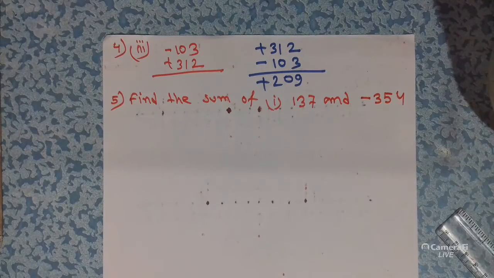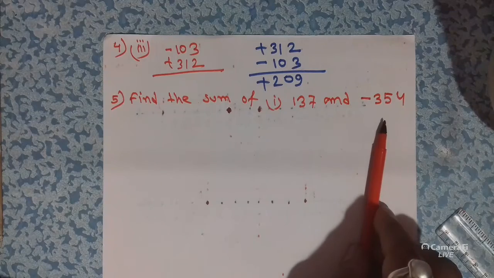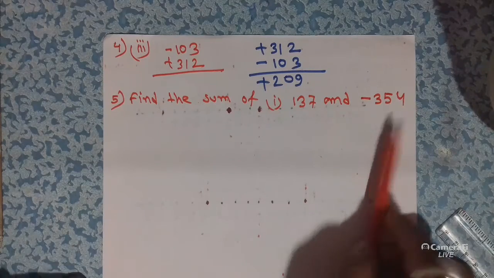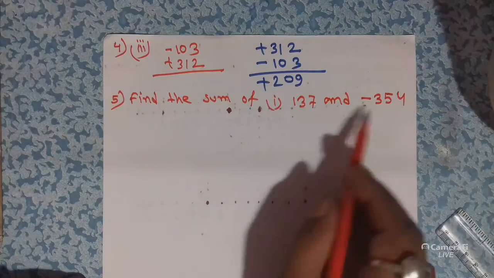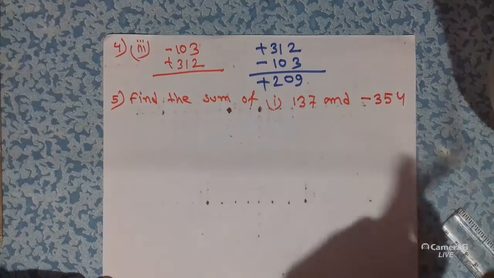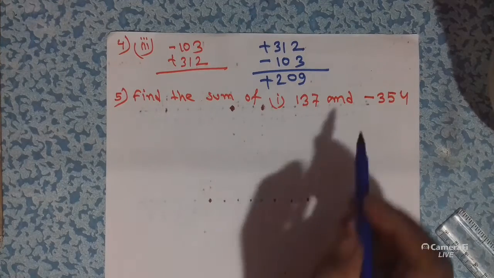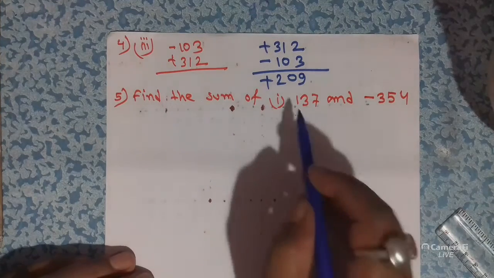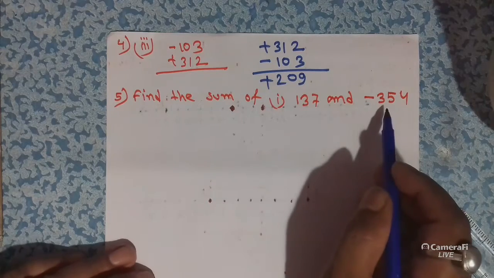So students, you can easily say that these two integers have different signs. So you can solve like this. Find the sum means we have to add these two numbers. So both the signs are opposite. So this is a positive integer and this is a negative integer. That means we have to subtract these numbers.